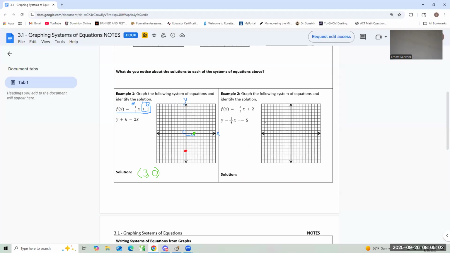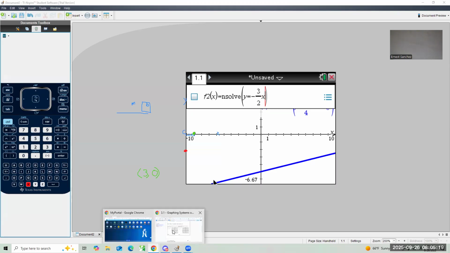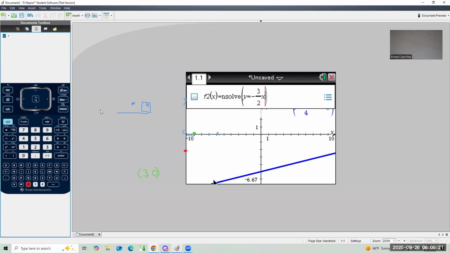So y equals negative 3 over 2x, negative. Control division symbol to get the fraction, 3 over 2. I got to get out of the fraction, so move the arrow key to the right, x plus 2. And we graphed this by hand already, but in case you don't want to do any of that, and then comma y.